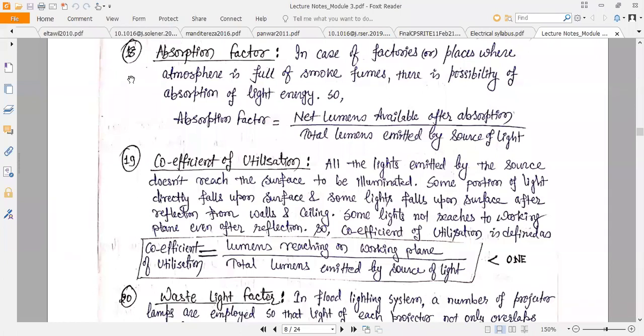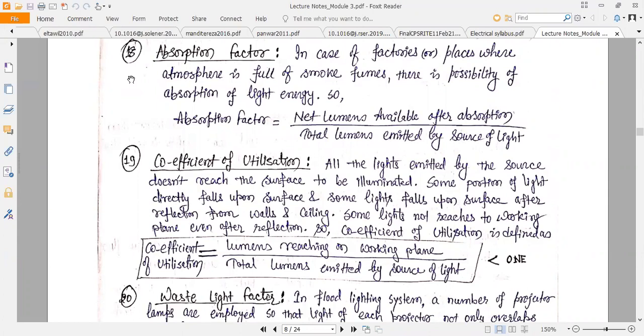So, what is this absorption factor? In case of a factory or a place where the atmosphere is full of smoke or fumes, it is not a clear atmosphere. There is possibility of absorption of light energy. Agree with this statement? If there is some smoke in the atmosphere, we are not able to clearly see the things around us.